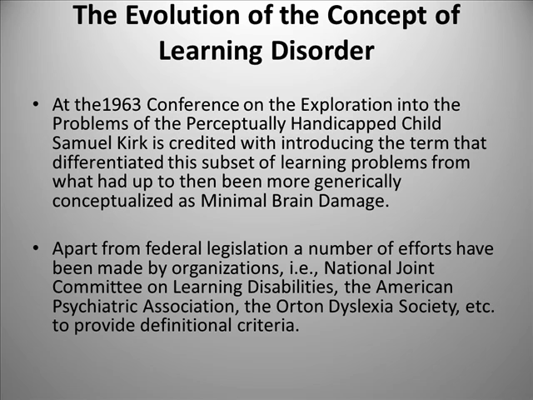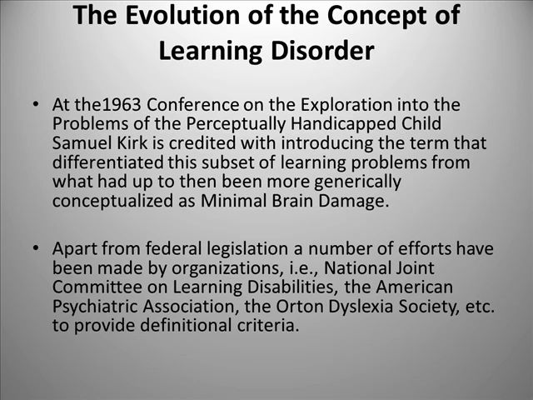The evolution of the concept of learning disorder actually began in the early 1960s at a conference that was designed to help differentiate learning disorders from what was then called minimal brain dysfunction. The first identification of reading disorder was actually established in 1896 and 1897. So these are conditions that have been recognized, but in that 100 years, we still don't have a definitive defining criteria.